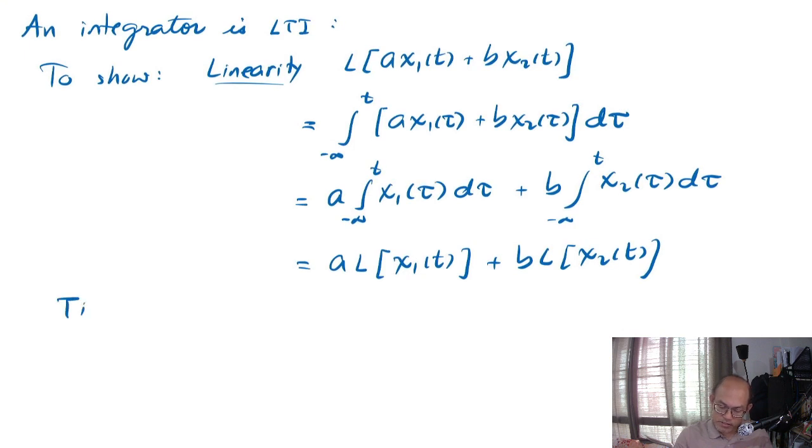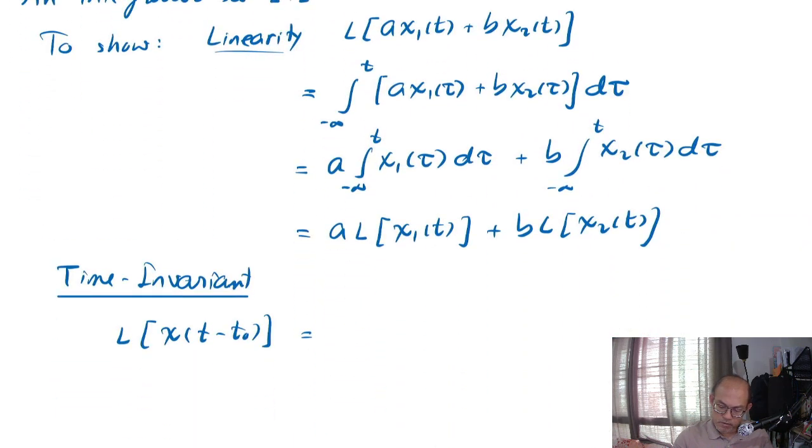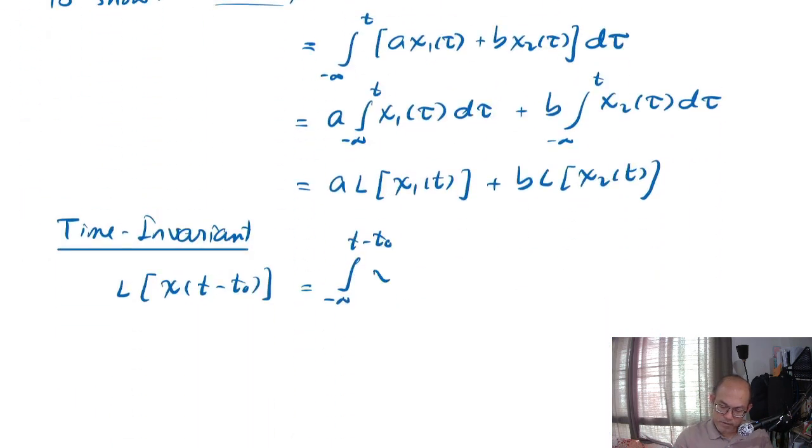Now to show that it is time invariant, L of x(t minus t0) is equal to the integral from minus infinity to t of x(tau minus t0) d tau. Actually, sorry, it has to be t.